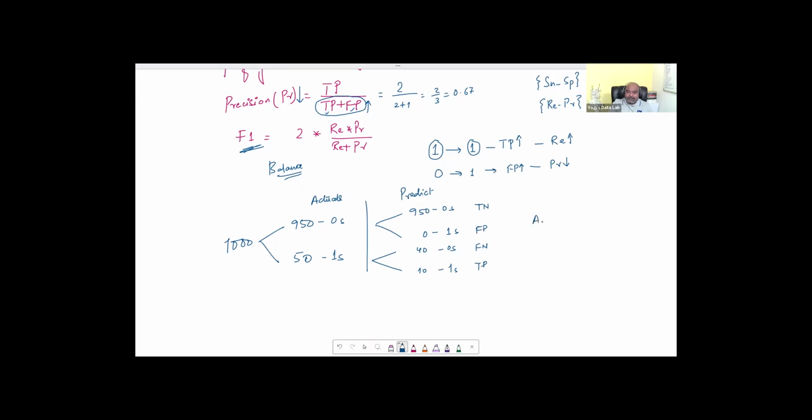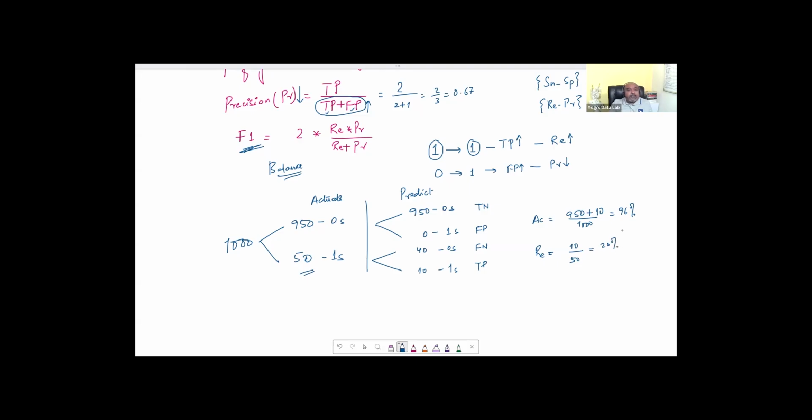So if you look at the accuracy, it is 950 plus 10 divided by 1000, which is 96% accuracy. But if you look at the recall, you were to identify fraudulent transactions, which were your ones. How many true positives are there? 10 divided by the number of positives, which is 50, which is 20%.